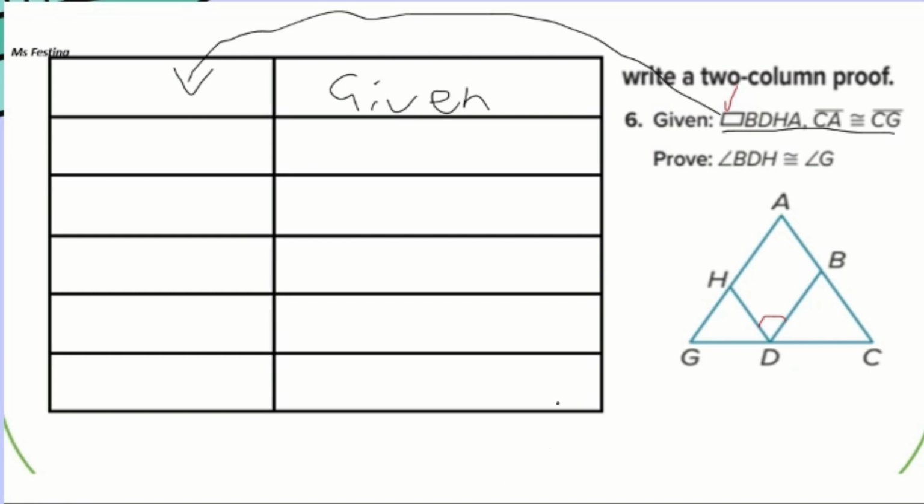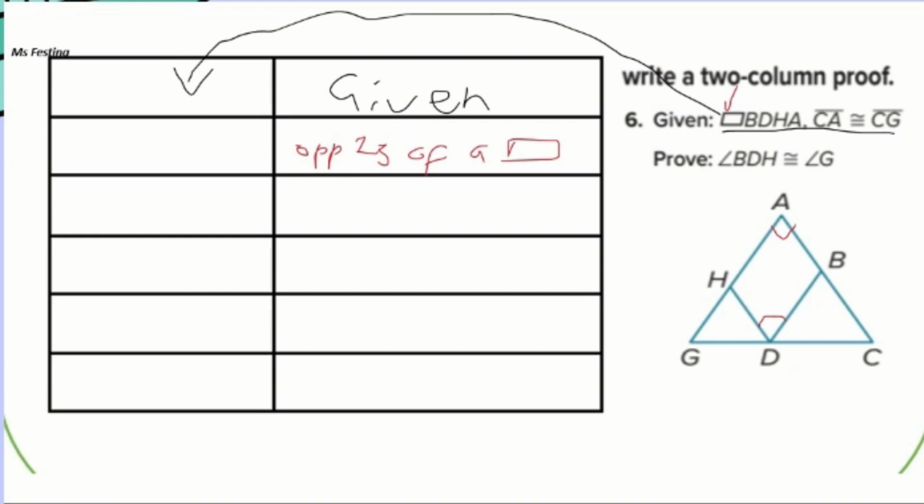So this angle, BDH, according to the properties of a rectangle, will be equal to angle A. Why? Because they are opposite angles of a rectangle. Okay.